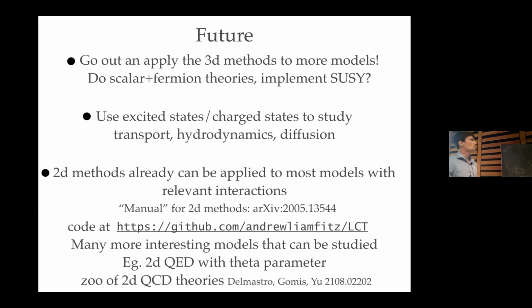There's a lot more to do with transport and hydrodynamics and thermodynamics using excited states, much more than I showed here. You could try and do a model like the O2 model where you can create charge states to try and study diffusion. And then finally, the last point I want to make is that the 2D methods, I think, are really under control for a pretty wide range of theories. Pretty much any theory which is sort of a theory of scalars, fermions, or gauge fields with relevant interactions, I think we know how to deal with.